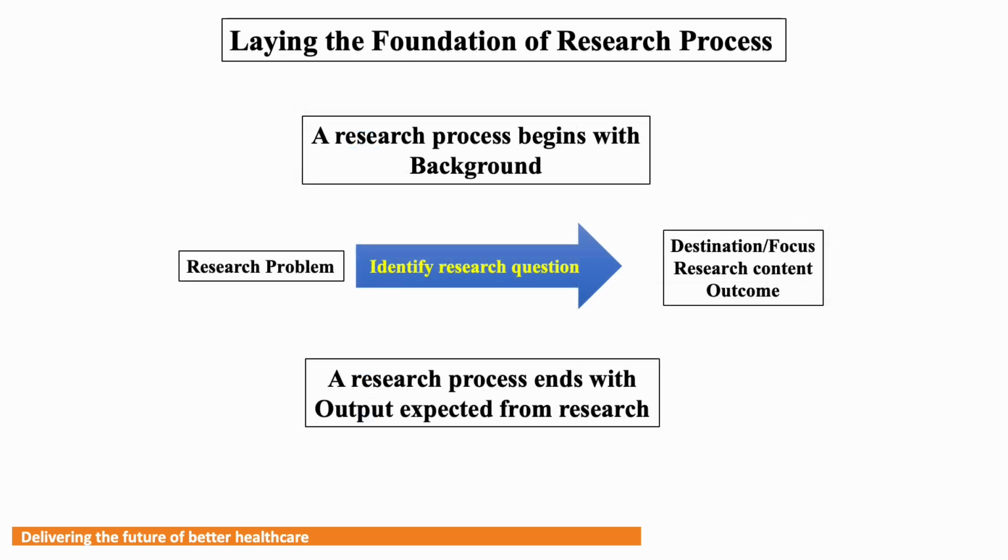Now let's take up step by step the quantitative research. We start with a research problem and generate a question which has to be ultimately answered towards the outcome of the research. But throughout, the question that we are doing research on should focus on destination, research content, and the outcome. A research process ends with the outcome expected from the research.